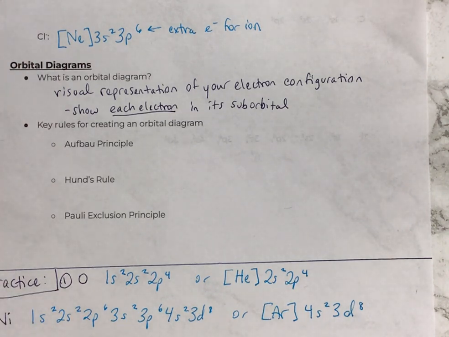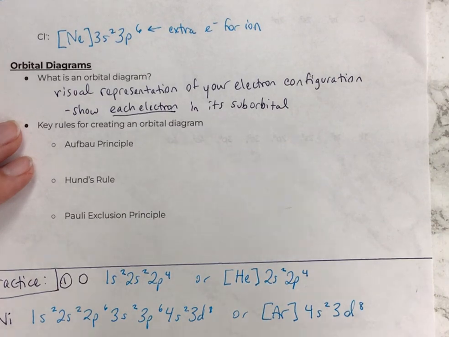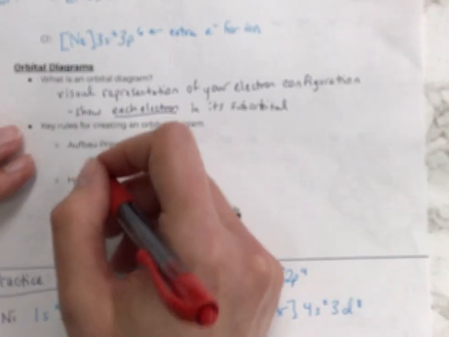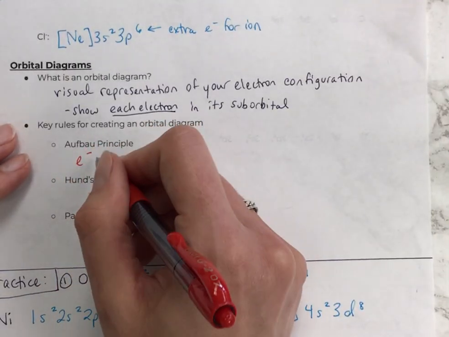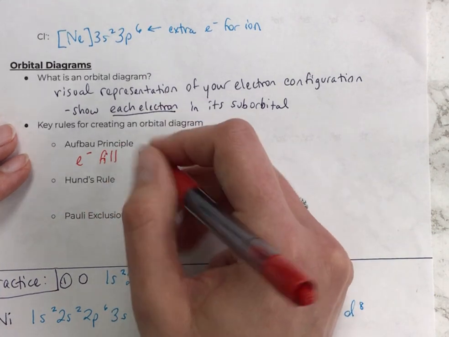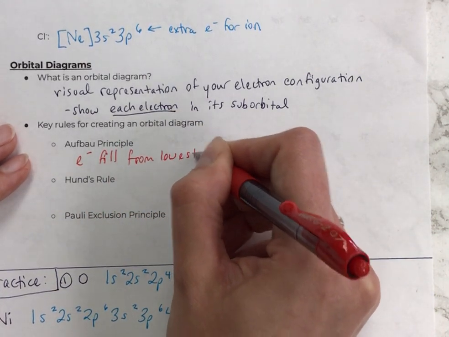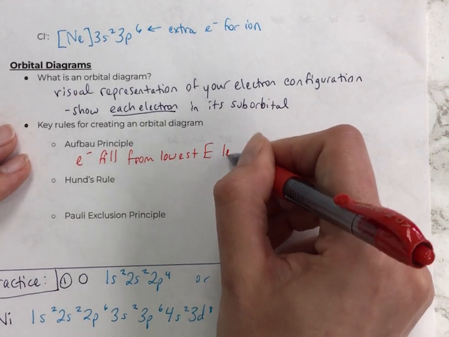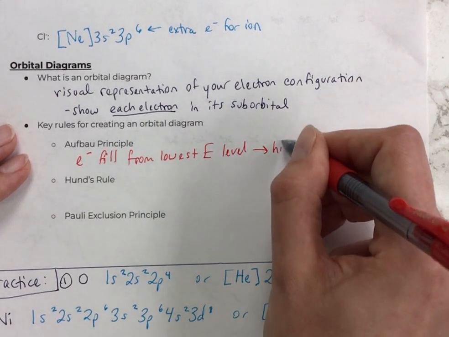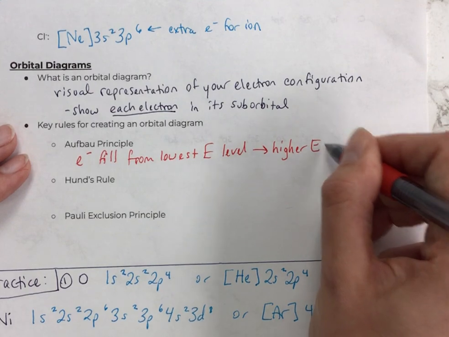We have the Aufbau principle, Hund's rule, and the Pauli exclusion principle. So let's list what information we need from all three of those. Aufbau principle: my electrons fill from lowest energy level to the higher energy levels.